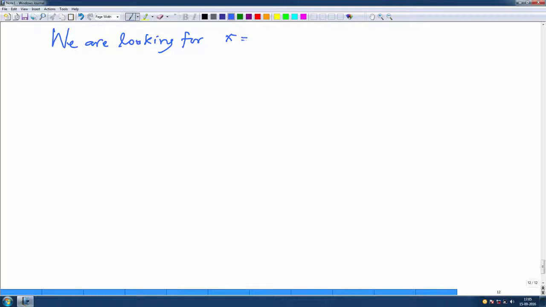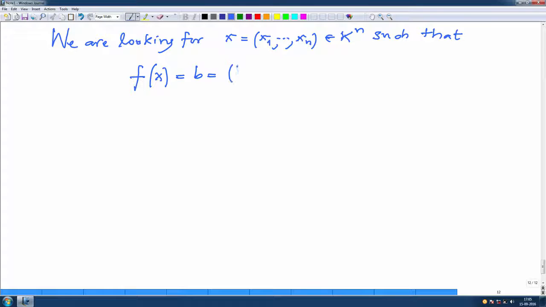X, let us call it X, which is x1 to xn in k power n, such that f of x equals b, where b is b1 to bm. So, given b, we are looking for all x such that this equation is satisfied.